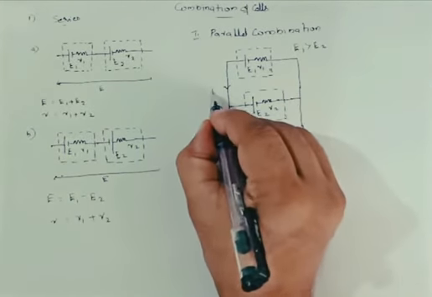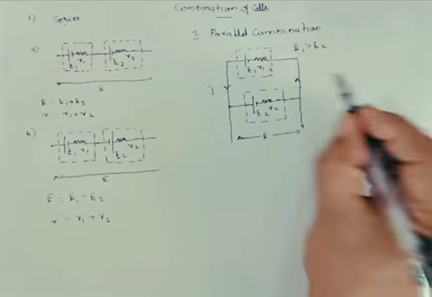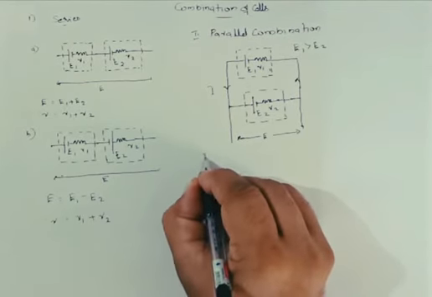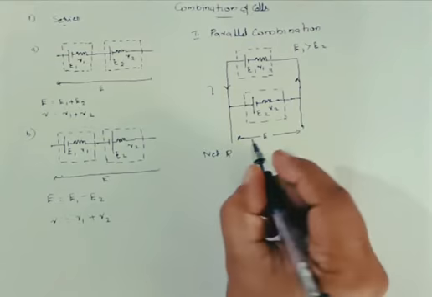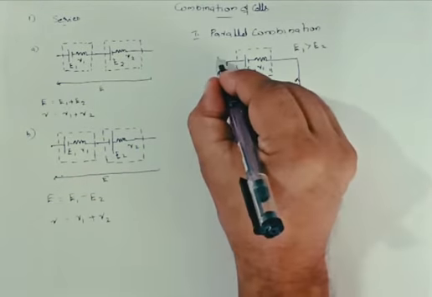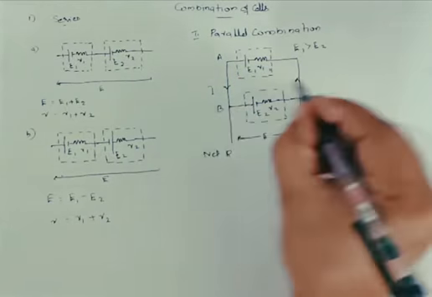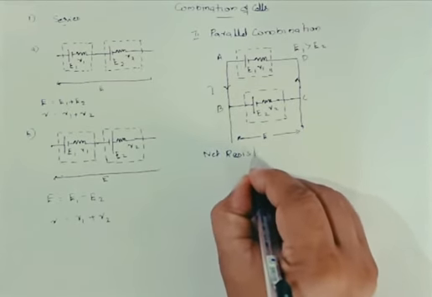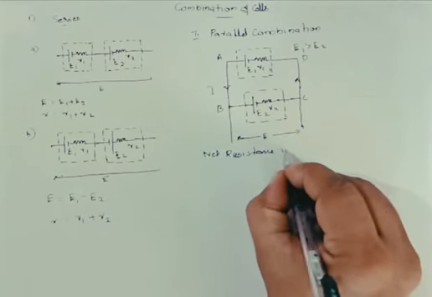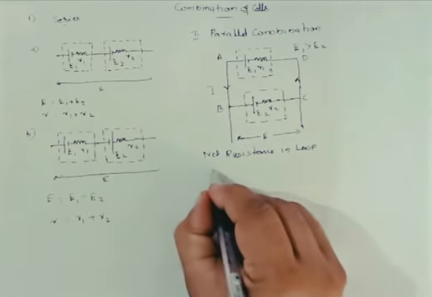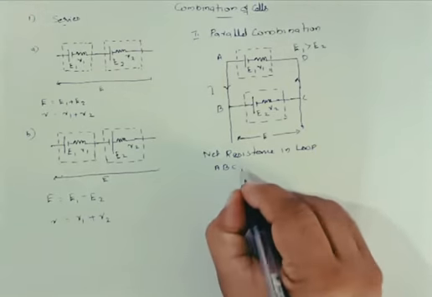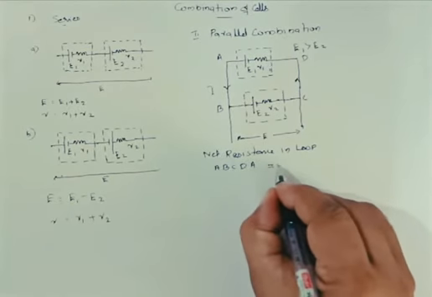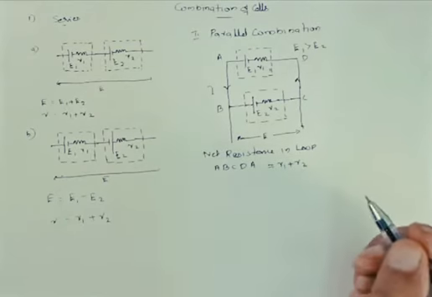Then the current will flow in this direction, I. Let us put a loop A, B, C, D. The total resistance in the loop A, B, C, D, A is equal to R1 plus R2.